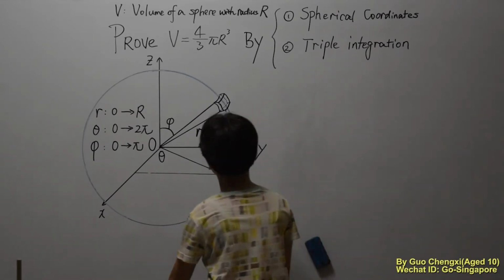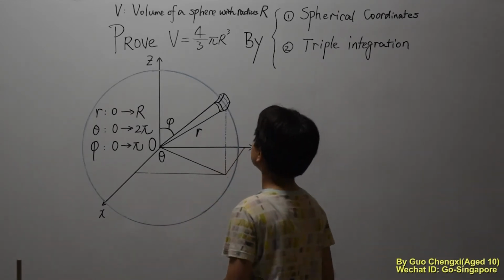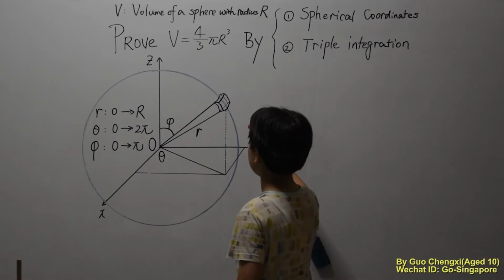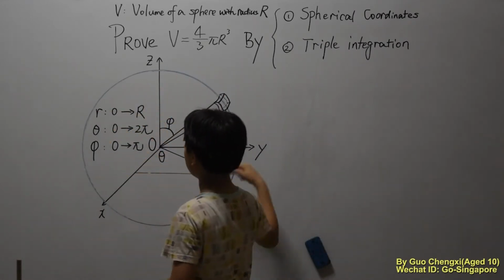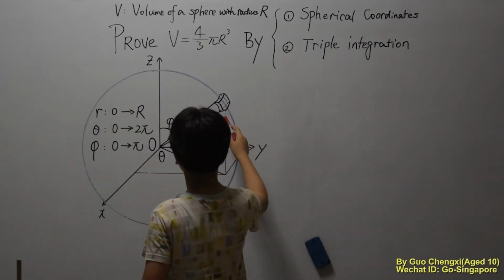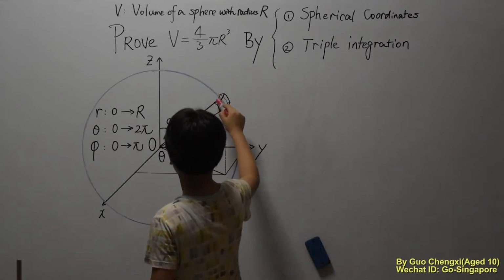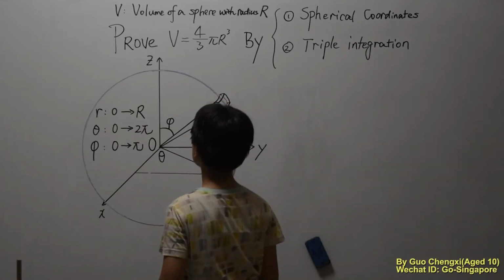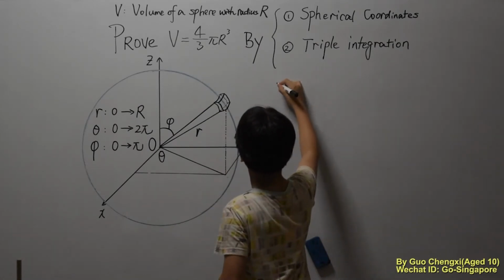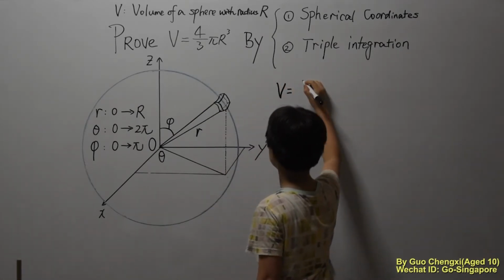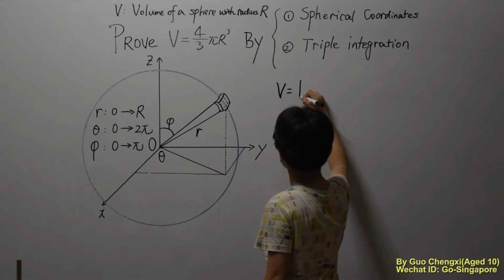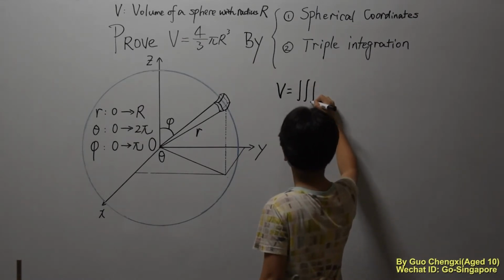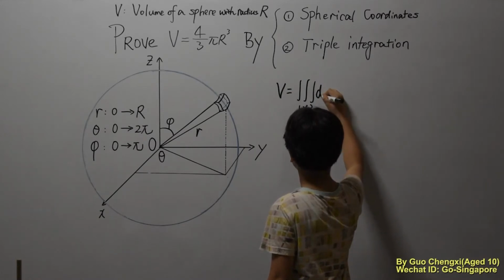Now for this part over here, we find one of these small parts like this. So the volume that we are supposed to find is V equals the triple integral of dV, right?